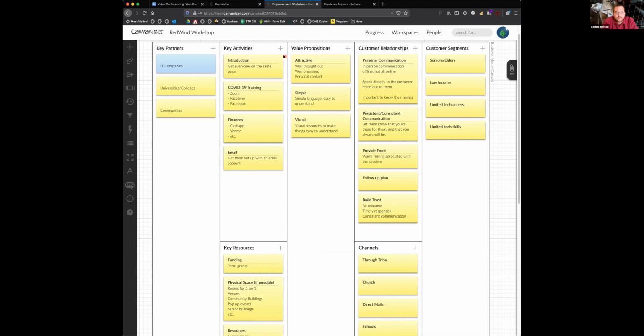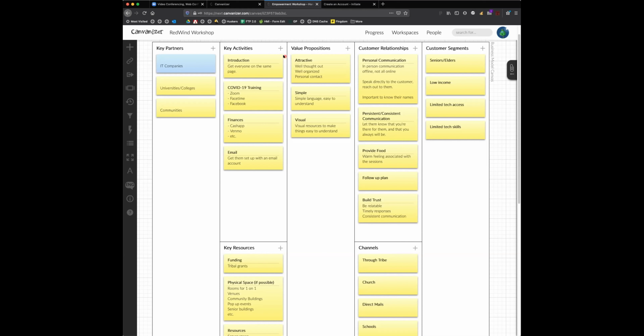So we wanted to at least start with an introduction, get everyone on the same page, because some might be familiar with email and some online and have a little more interaction than others, but we wanted to make sure that we started them all on the same page, and then maybe went through a series of different activities or events or trainings so they didn't feel like, okay, this is just too much. And so that's why there's an introduction there.